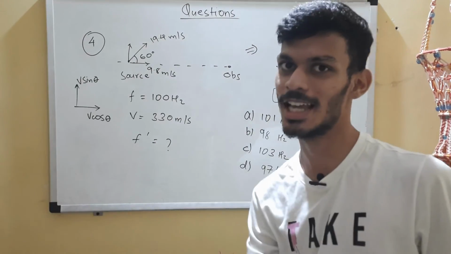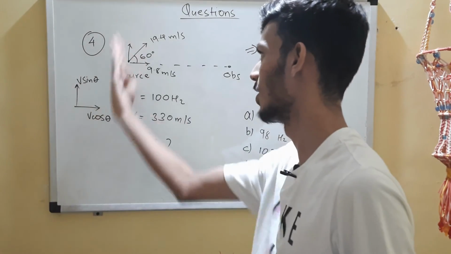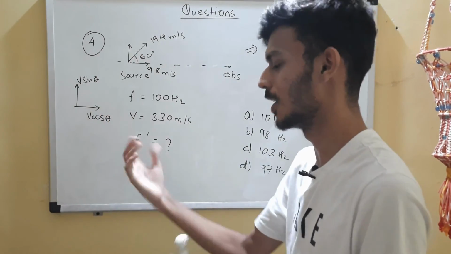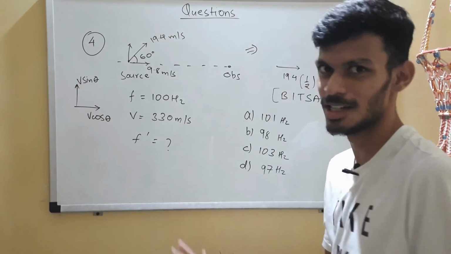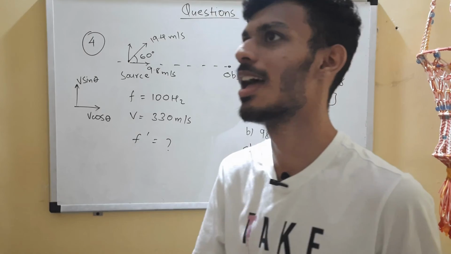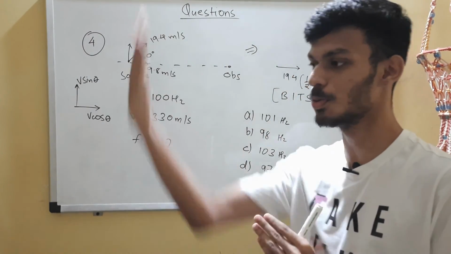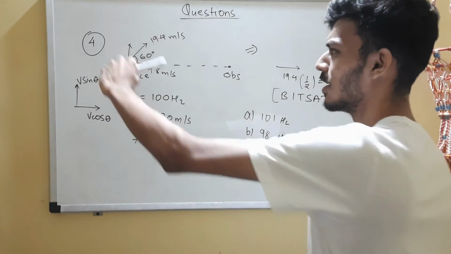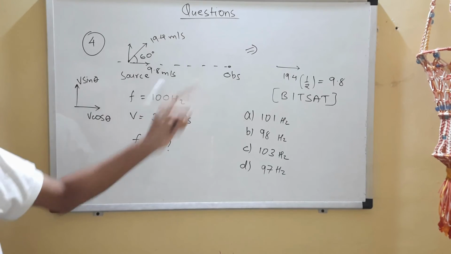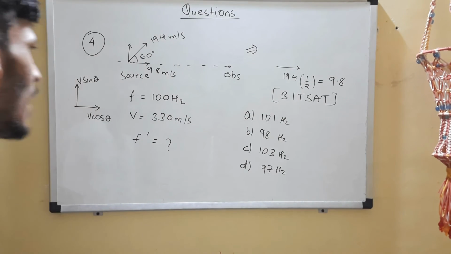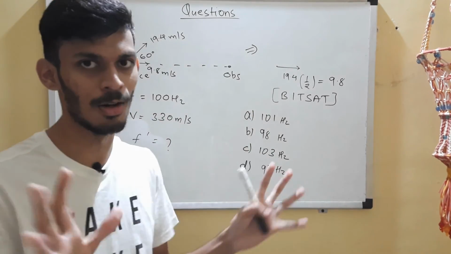So due to that velocity component there is no Doppler effect, because there is no approaching and no separation between the source and the observer. However, due to this component, the source is approaching the observer, so there will be a Doppler effect.